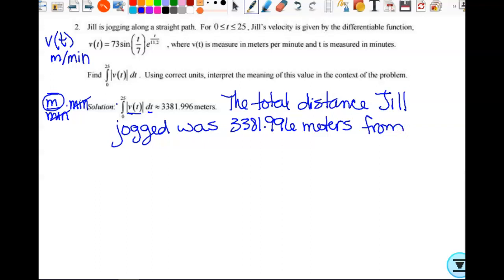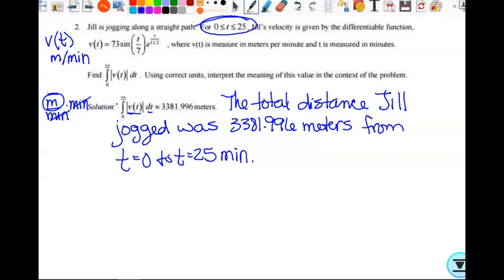You can use this. I always feel like my words come out weird when I use an interval like that, so I usually say from t equals 0 to t equals 25, and what were our units? Minutes. So you check that you have units for both things. You check that you have a subject, that if it's an integral, it was over an interval of time and not just at something.